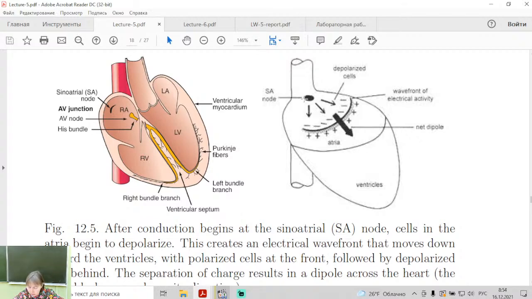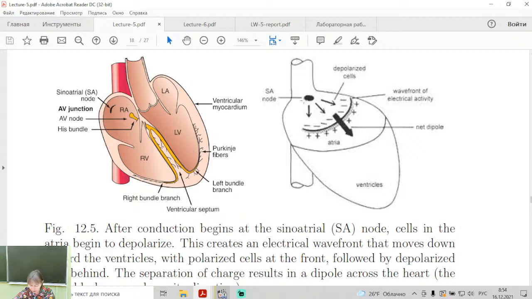This results in slow action potentials in terms of how rapidly they depolarize.